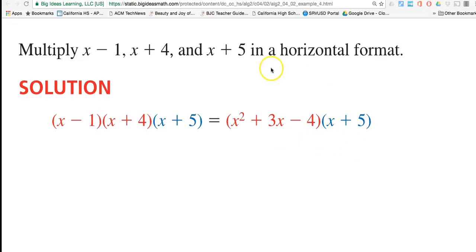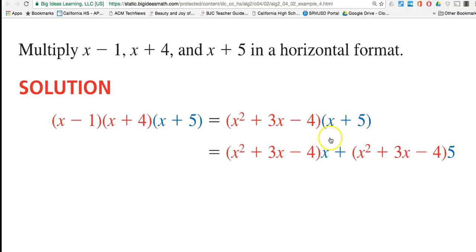Since we're doing this in a horizontal format, we're going to take this entire polynomial and multiply it by each term in our third polynomial.